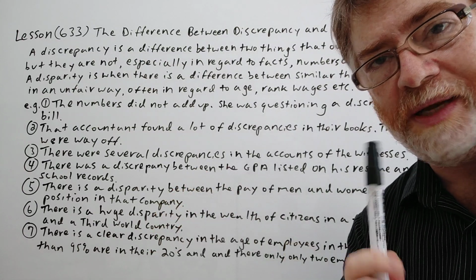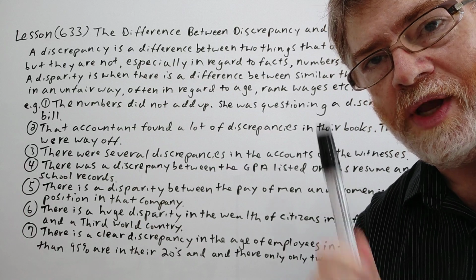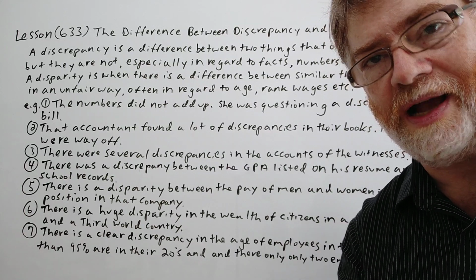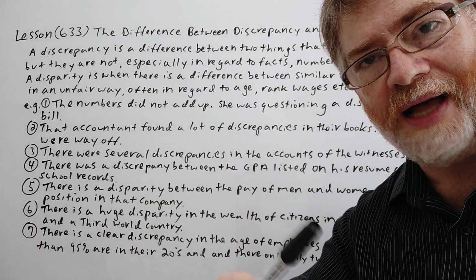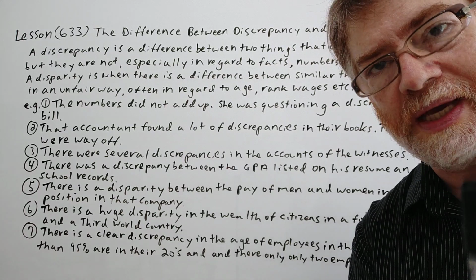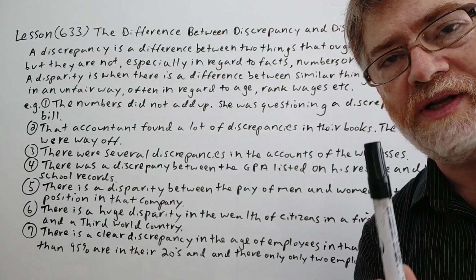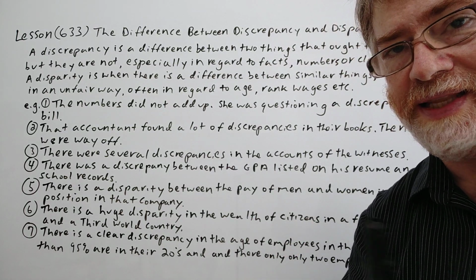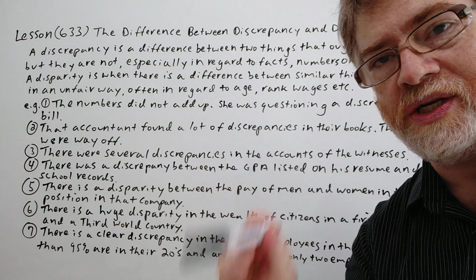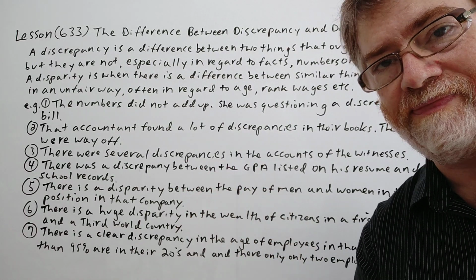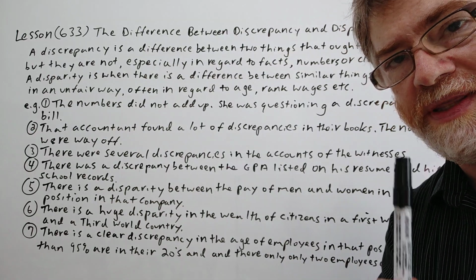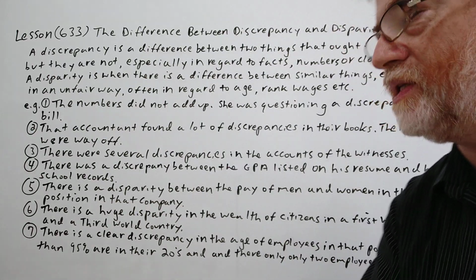If there are discrepancies, it probably means there is missing money, or some numbers were not added correctly, or some numbers were forgotten to be put into the books or something like that. So the accountant has found some discrepancy. An accountant has to make all those numbers match. They are supposed to be the same. So especially with accounting, you would definitely use discrepancy.